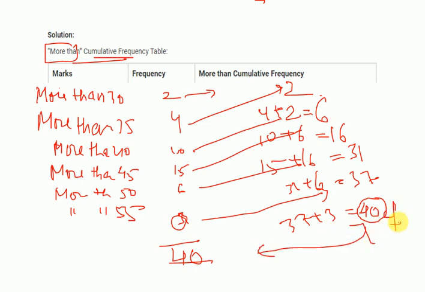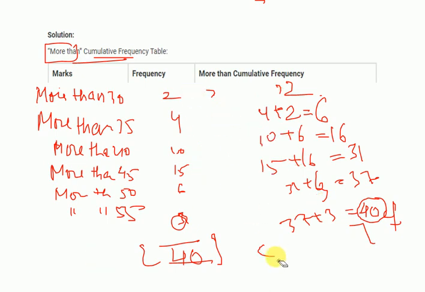If the last CF and the total of the frequencies are the same, then it is correct. So here you can see, we have made the more than CF.